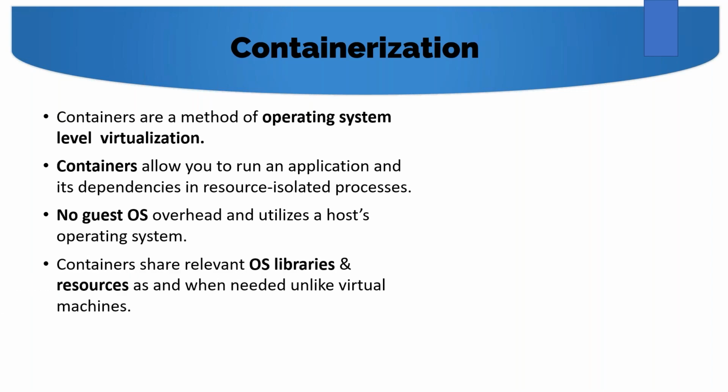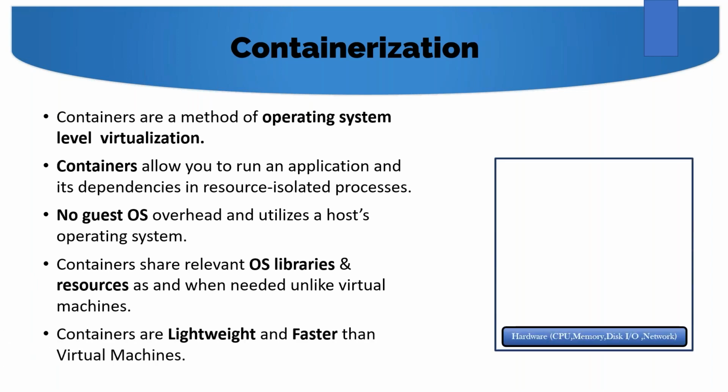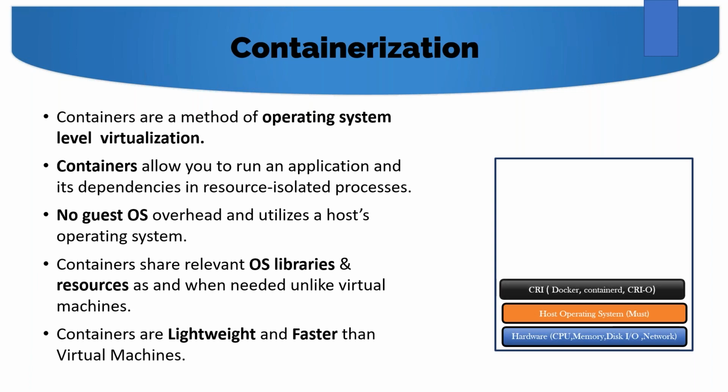Okay, so how will this containerization look like? Let me show you that. The first layer is nothing but hardware, then the host operating system, and then this is the solution they got: the container runtime interface. Like the hypervisor, we have a generic word in containerization, that is container runtime interface, and in that we have Docker, Containerd, CRI-O, crictl, rkt, Podman.